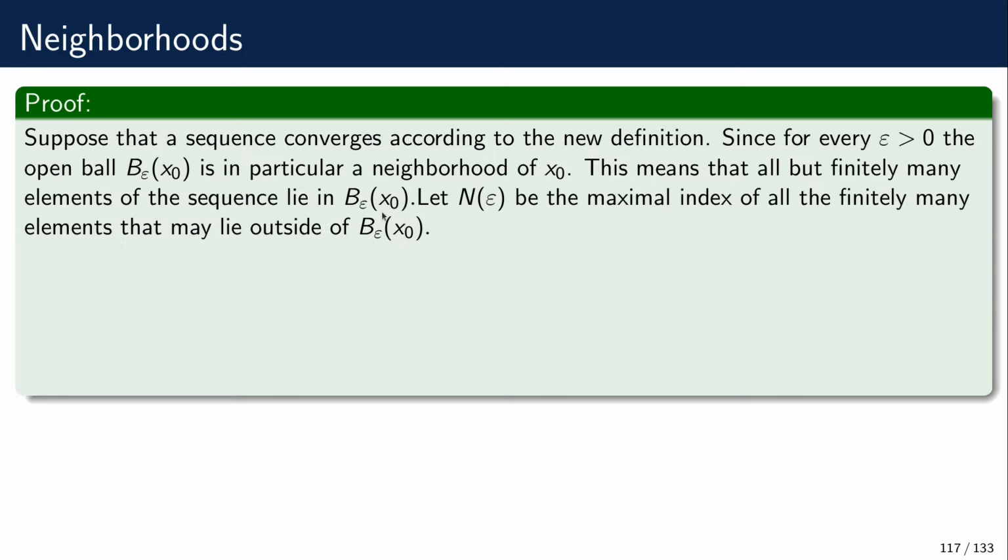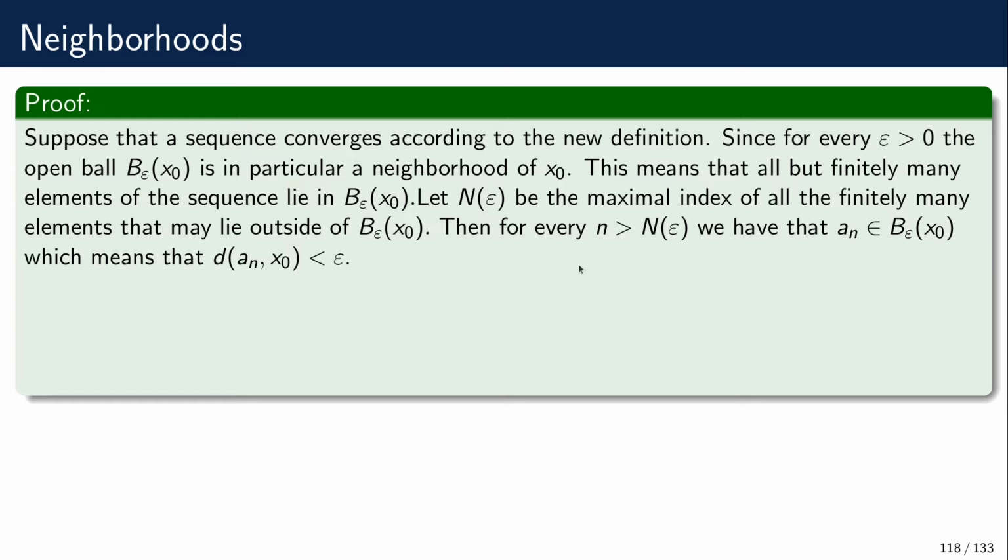As in the proof that we have seen, if n(epsilon) is the maximal index of those finitely many elements that lie outside of this ball, then all the elements with index greater than n(epsilon) must lie inside this ball. This means that for every n greater than n(epsilon), a_n lies inside this ball, which means that its distance from x0 is smaller than epsilon.